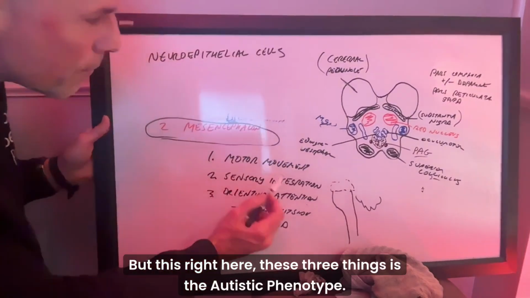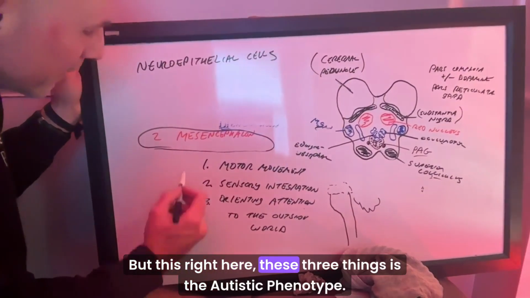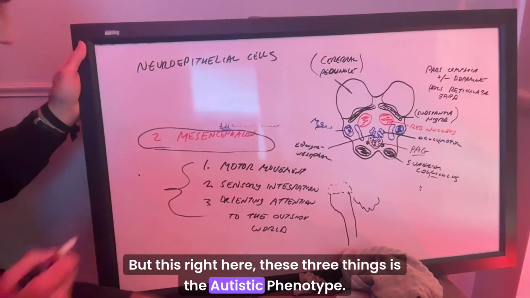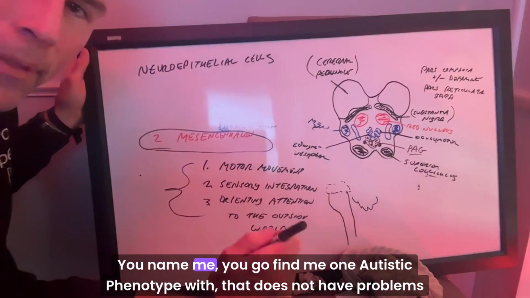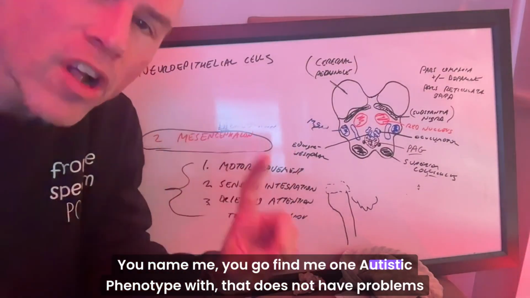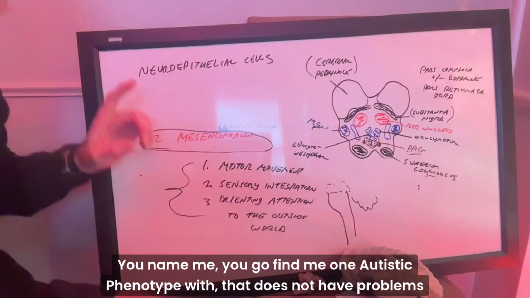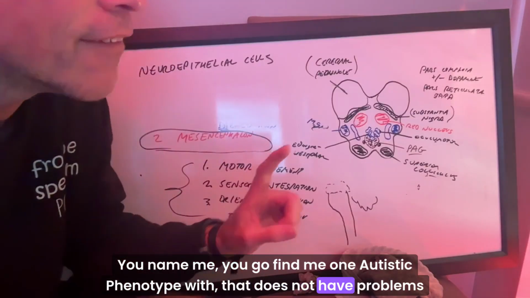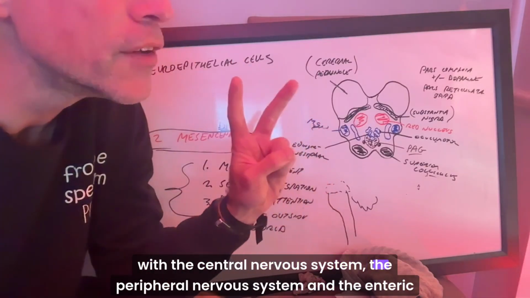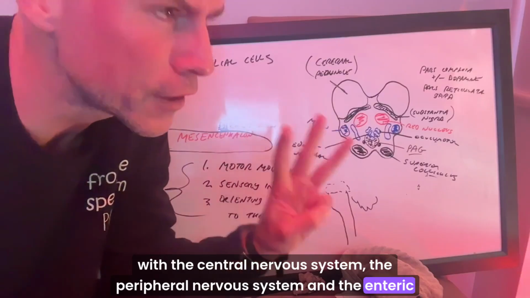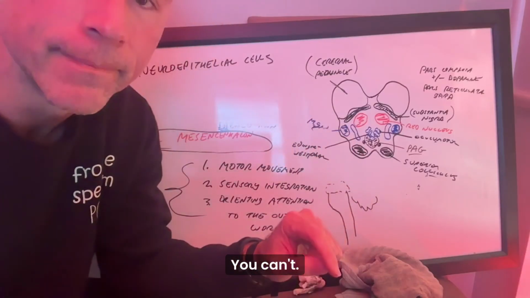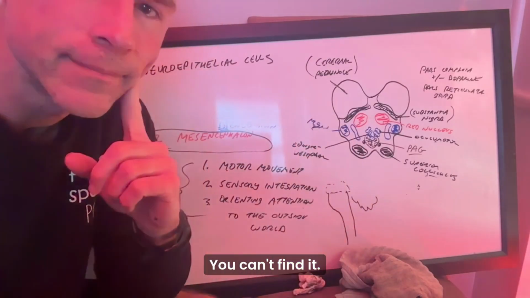But these three things are the autistic phenotype. Go find me one autistic phenotype that does not have problems with the central nervous system, the peripheral nervous system, and the enteric nervous system. You can't find it.